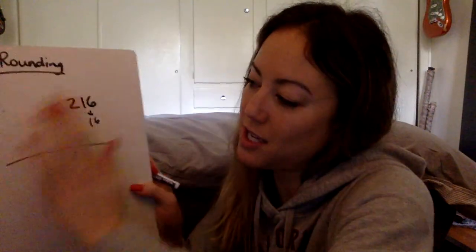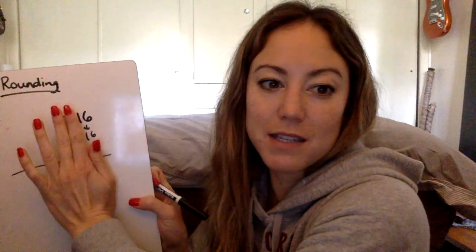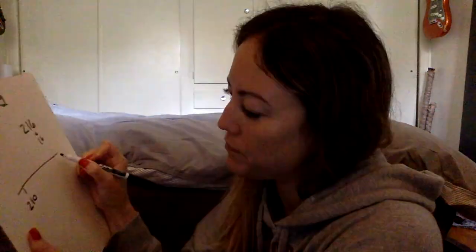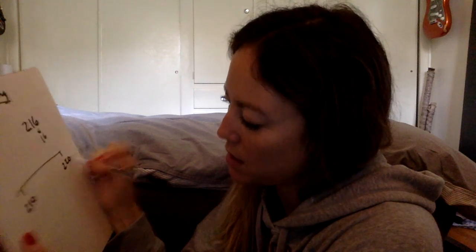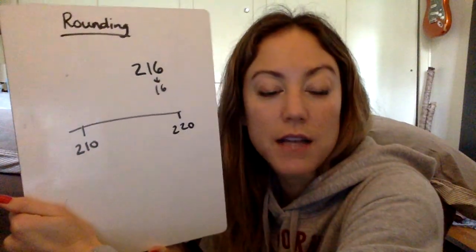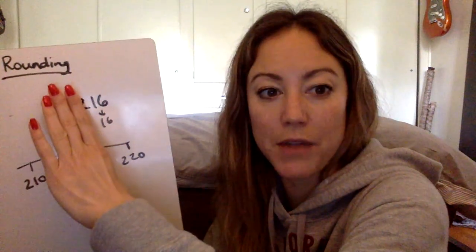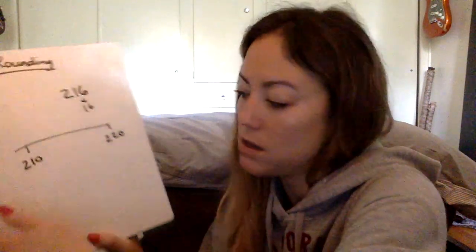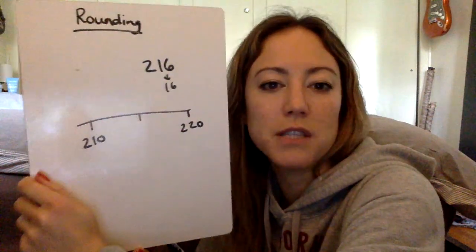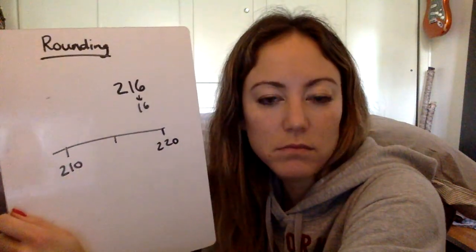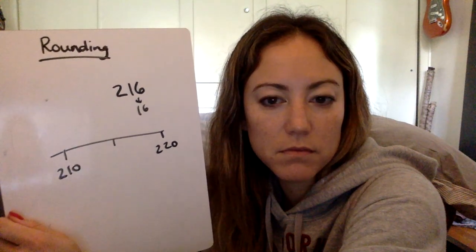So 216, if you're just thinking about it like 16, the two tens it's in between are 210 and 220, right? Because 16 would be in between 10 and 20. So what's right in the middle of 210 and 220? It would be 215, right?